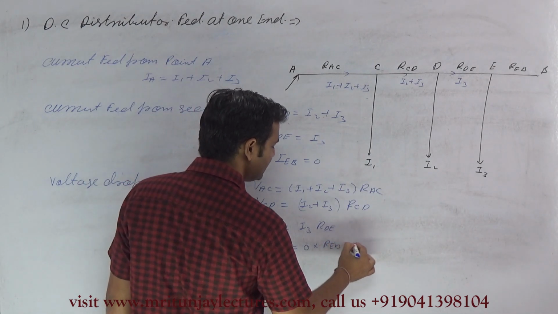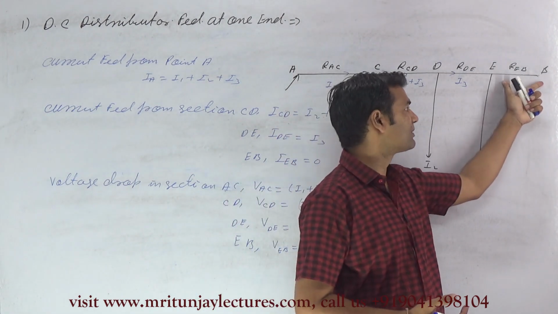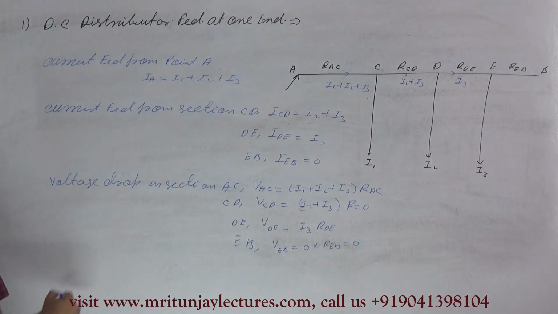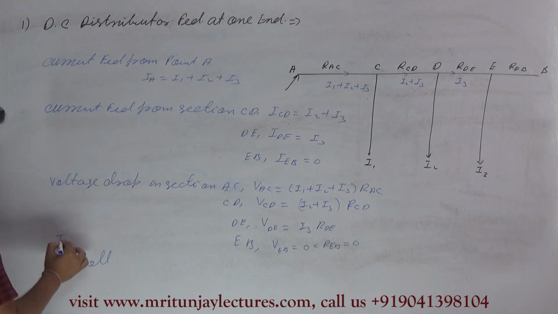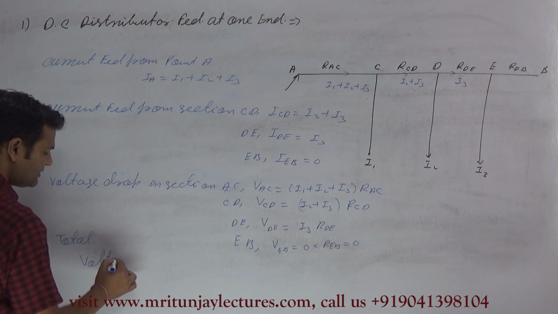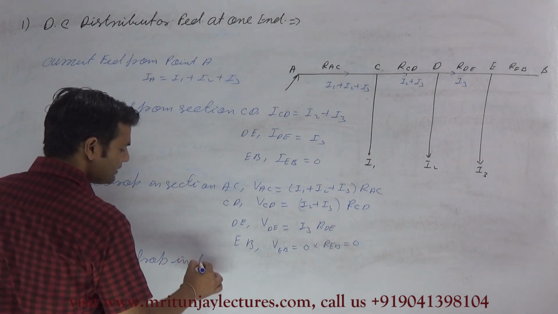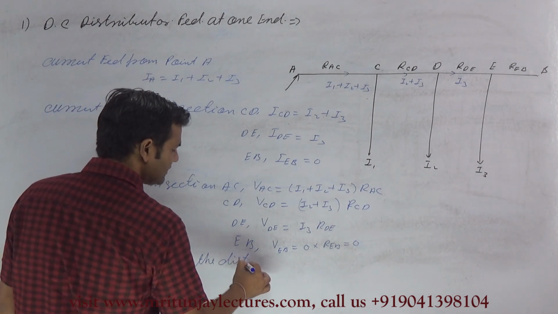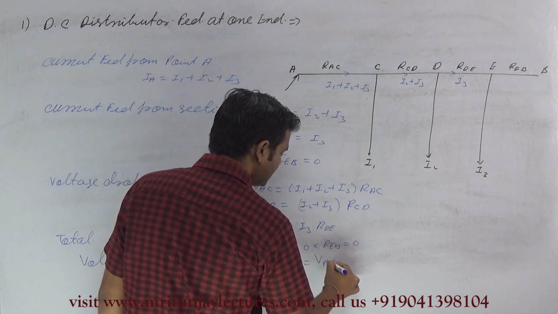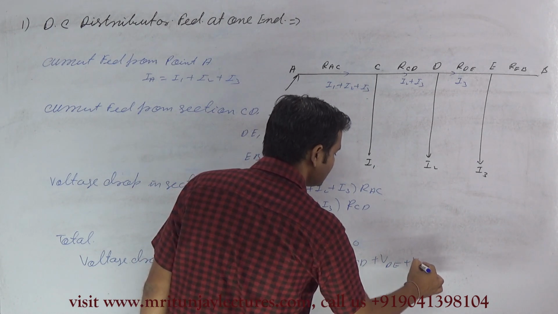If current were flowing through here, then we would also get a voltage drop corresponding to this portion, otherwise no. So the total voltage drop in the distributor is V of AC plus V of CD plus V of DE plus V of EB.